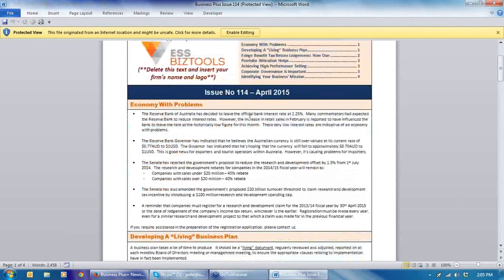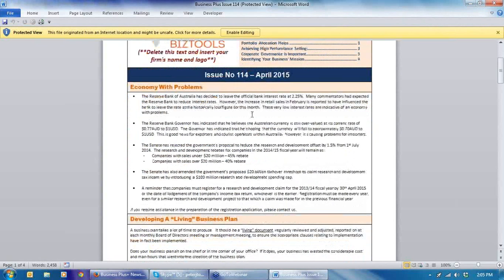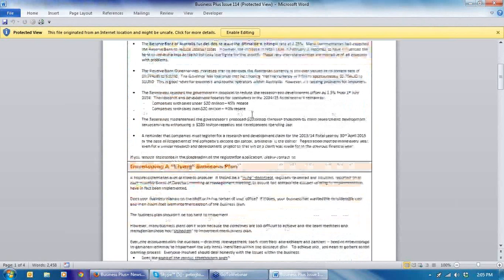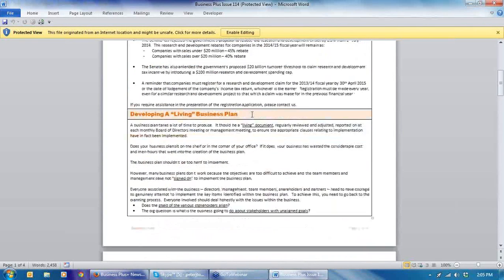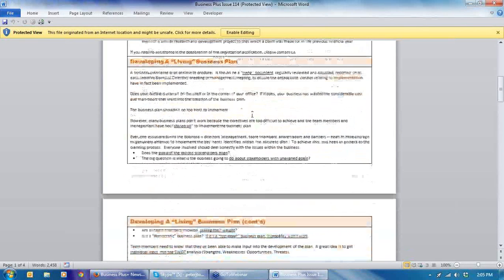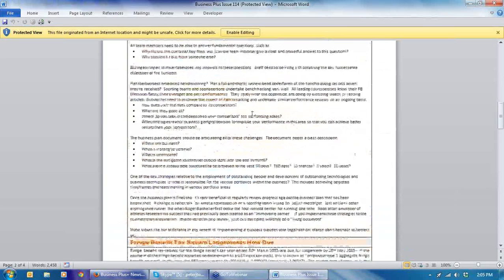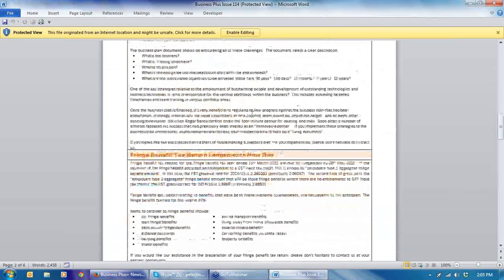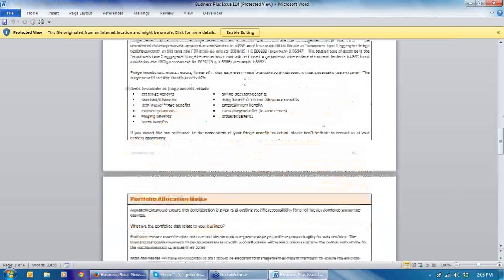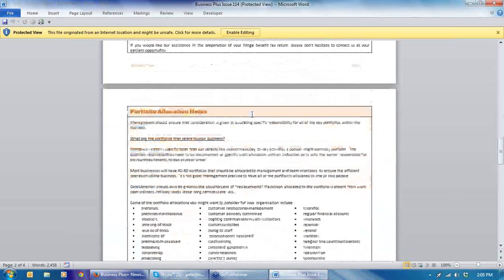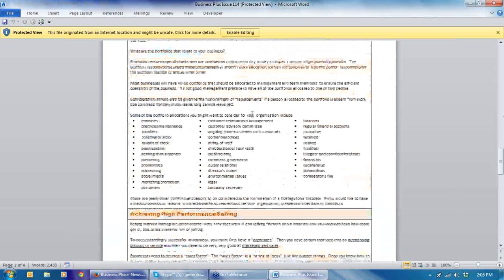We always have an editorial article, and this one was headed Economy with Problems. And then we looked at developing a living business plan. Fringe benefit tax lodgements were due at around that time. Looked at some portfolio allocations.